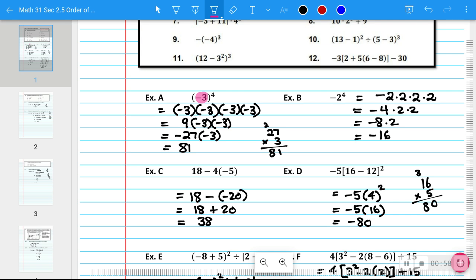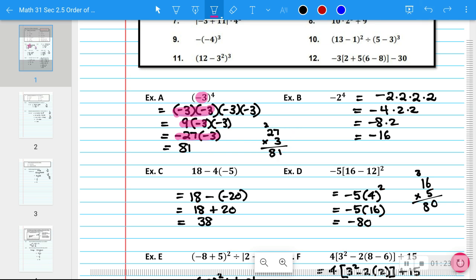So because the parentheses includes the negative sign, that negative sign is going to be multiplied all the way down. So now let's see what we get when we complete this. Negative 3 times negative 3 gives 9. 9 times negative 3 gives negative 27. And finally, negative 27 times negative 3 is 81. You see my calculations off to the side over there.